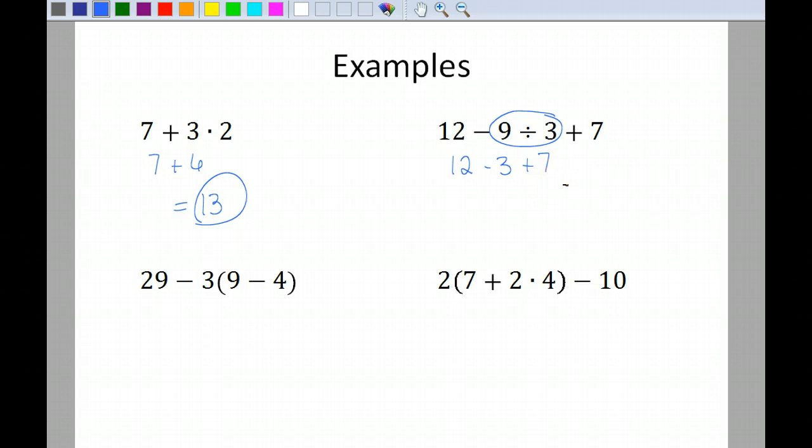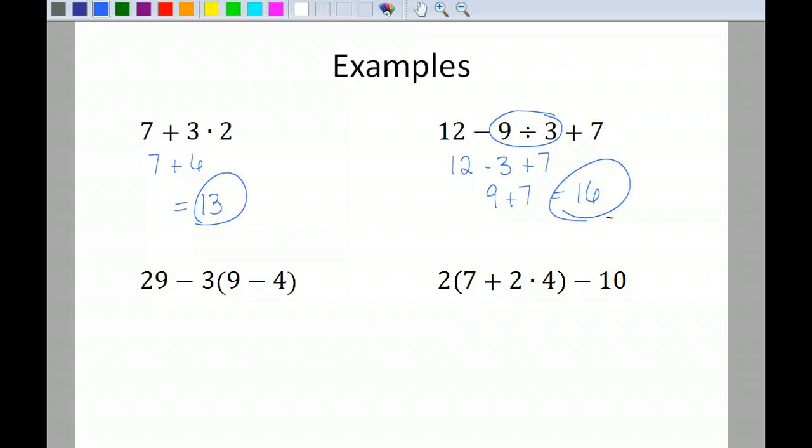Parentheses, exponents, multiplication, division, addition, subtraction. 12 minus 3, subtraction. And that's first as I read the problem left to right. 12 minus 3 gives me 9. Now I've got 9 plus 7. And what's 9 plus 7? 16. The main thing with these is to slow down. Don't get in a hurry. Look at your problem first.